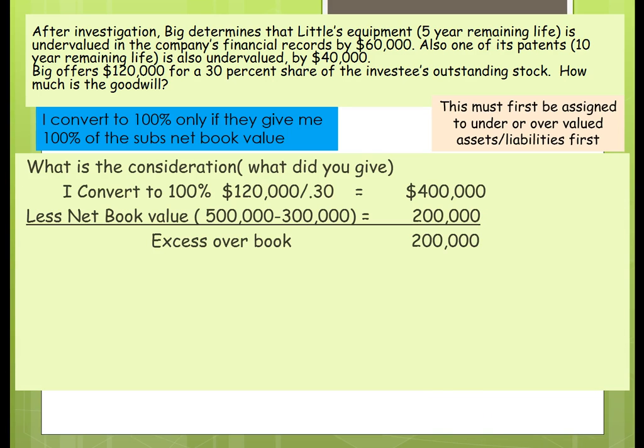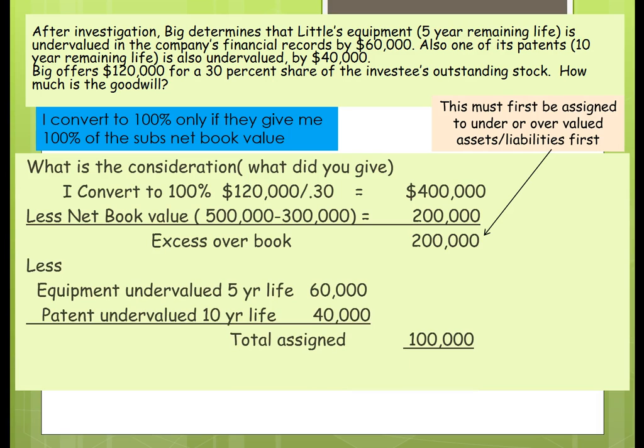This must first be assigned to under or overvalued assets and liabilities. So we're going to assign it to the equipment, which had a 5-year life, and the patent, which had a 10-year life, and that difference is subtracted from the excess, and that's how you come up with goodwill. Now, normally at this point, the next thing I do is figure out my share of the amortization or depreciation.